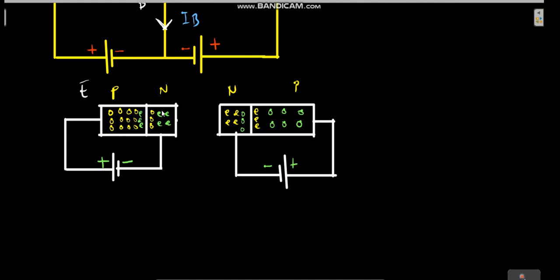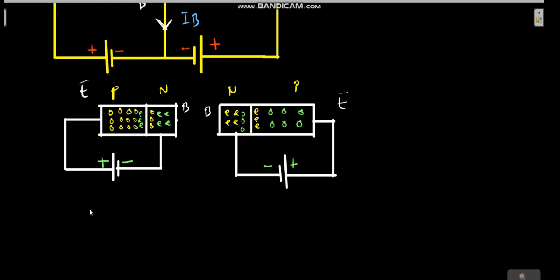This is the emitter, this is the base. The positive side is connected to the emitter and the negative side is connected to the base. If the positive side means the current is flowing from the positive side to the negative side, then the voltage here will be greater than the voltage here.